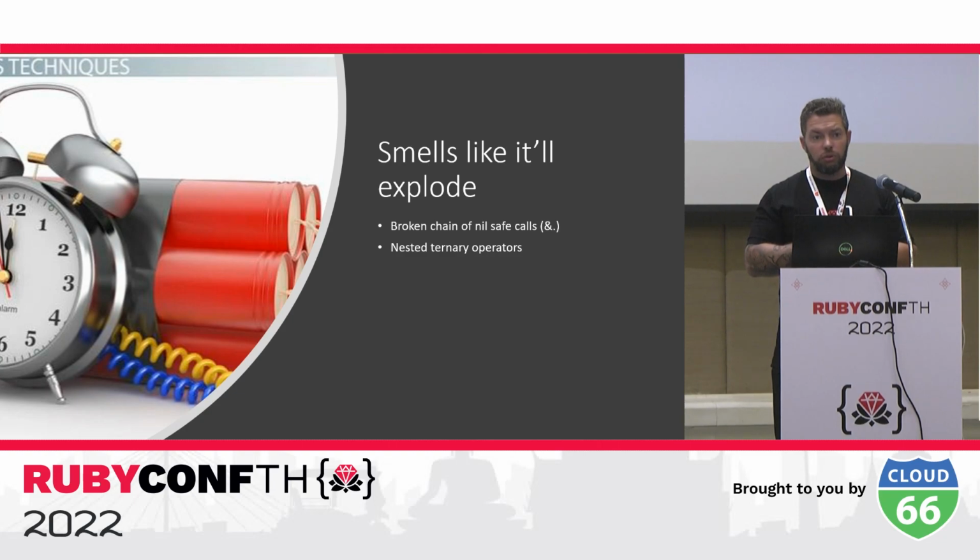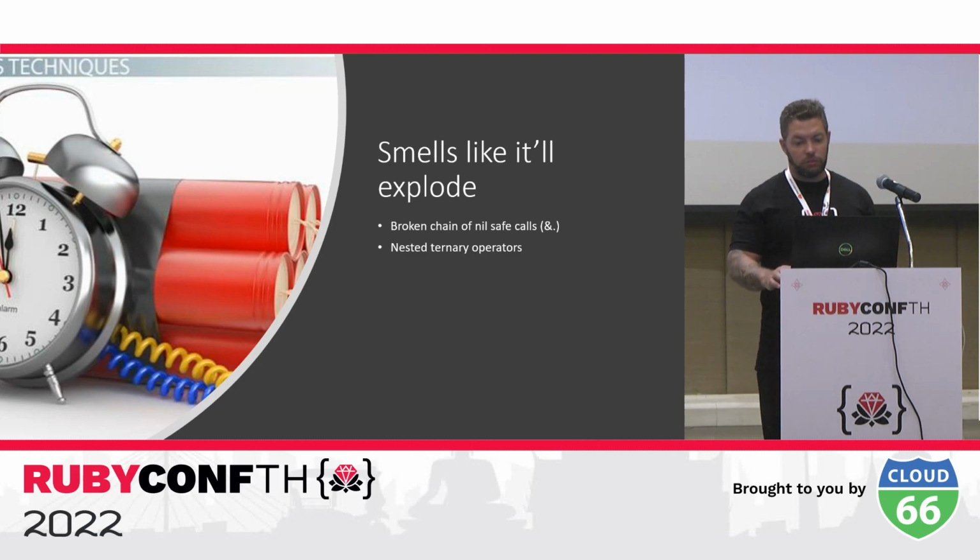And also when you see a chain of 3 or 4 ternary operators, it's pretty possible that you forgot one of the outcomes of that rule, and it always looks to me like it can explode.